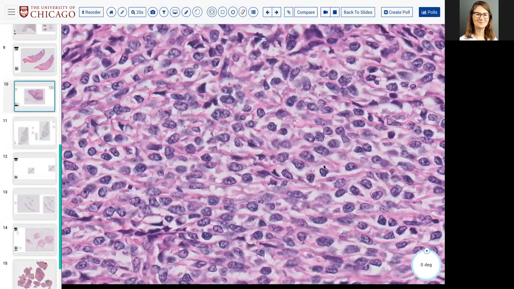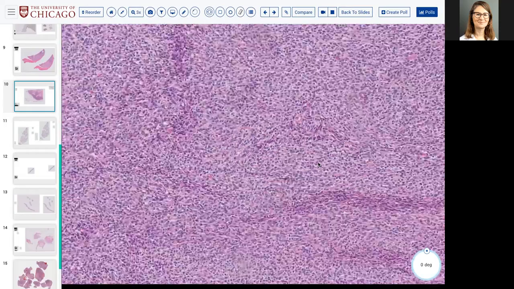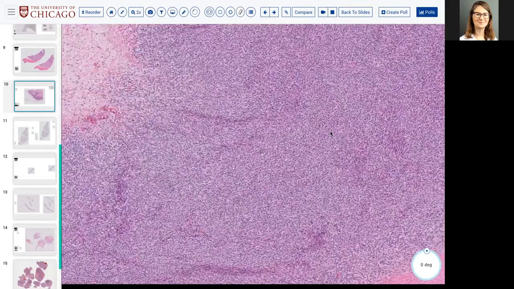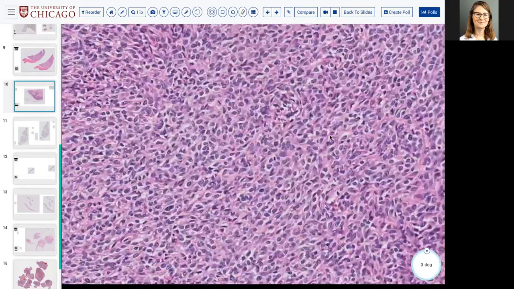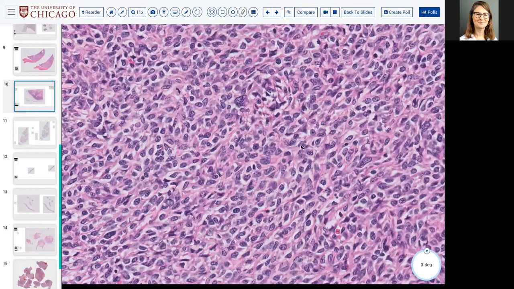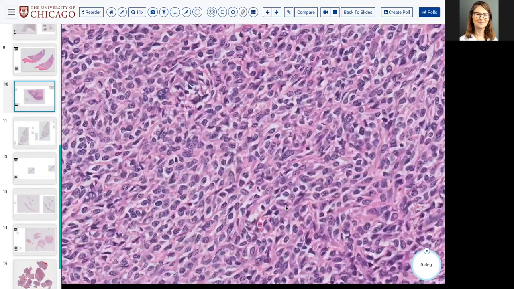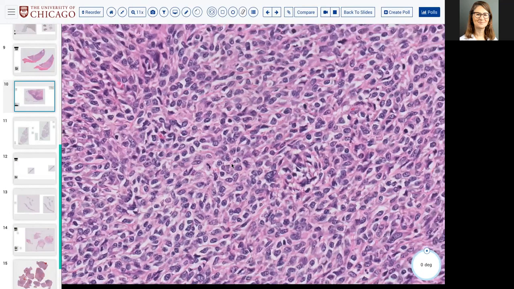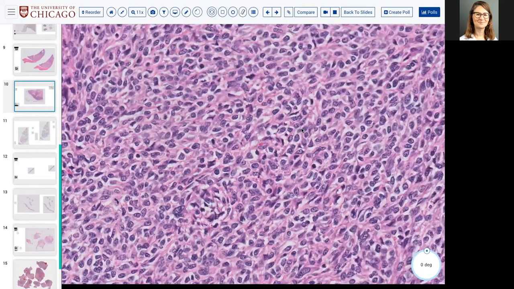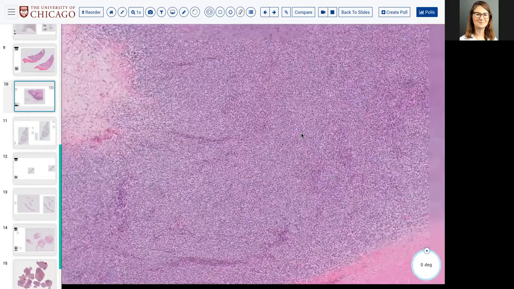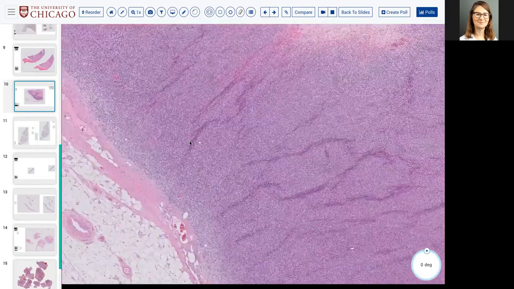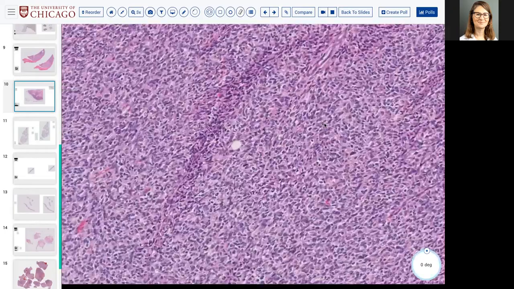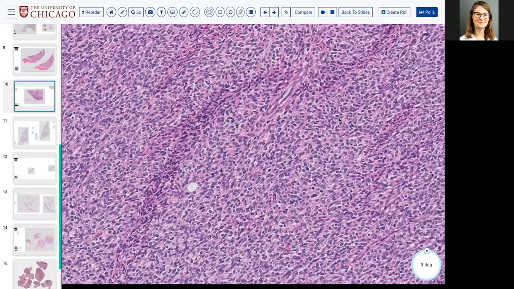Yeah, this is sort of plumpish. So I'll tell you in this case that S100 is negative. And that should help us because we think plump MPNSTs are more likely S100 positive. All right, so it's plump or epithelioid. No.